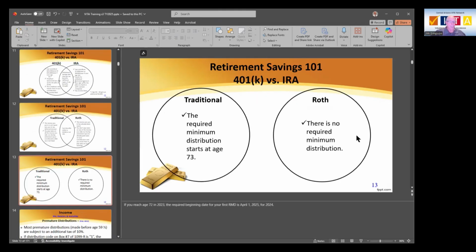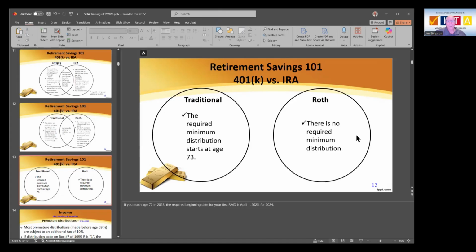So, okay. Now there's something called required minimum distributions. This sometimes surprises some of our senior citizens who come in. Nobody really told them about this, and they heard about RMDs but didn't realize, and then they turn 73 and their IRA trustee says, oh, you've got to start taking money out of this.